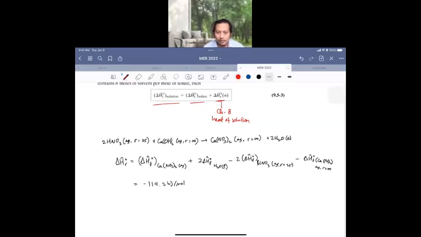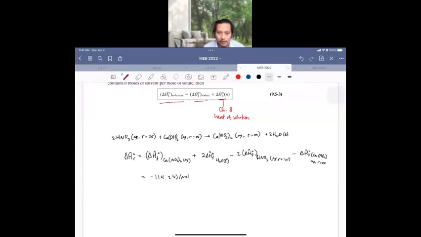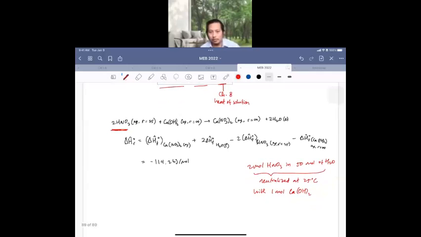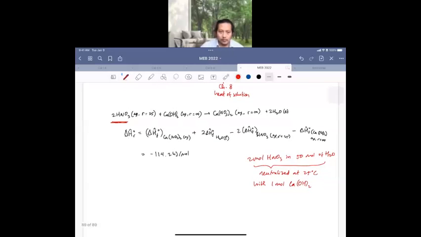So it actually signifies that if a solution containing 2 moles of HNO3 and 50 moles of water is neutralized at 25 degrees Celsius with 1 mole of calcium hydroxide, it dissolves in enough water so that the addition of more water is not going to change the enthalpy.